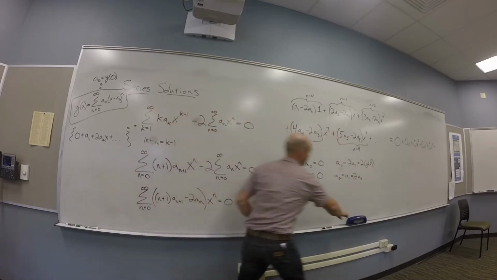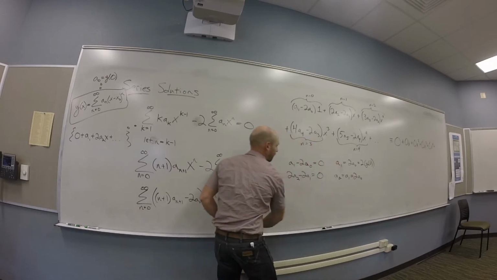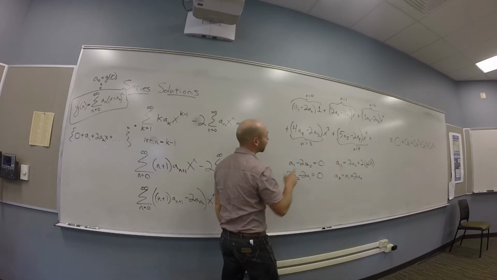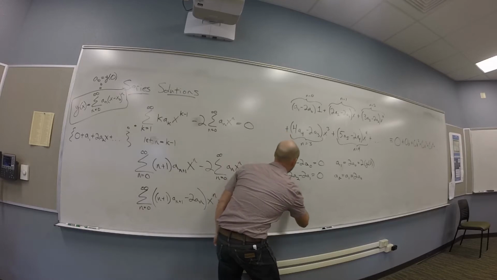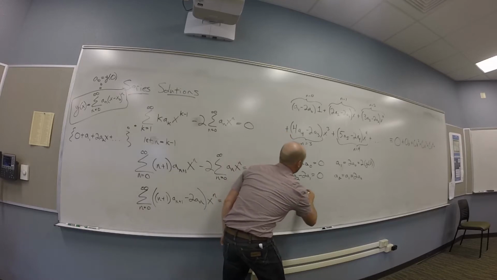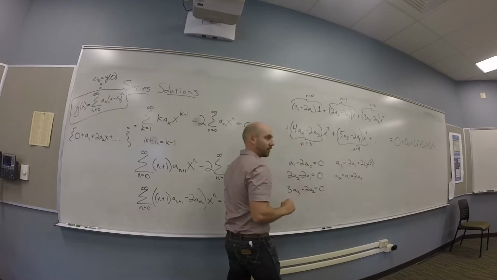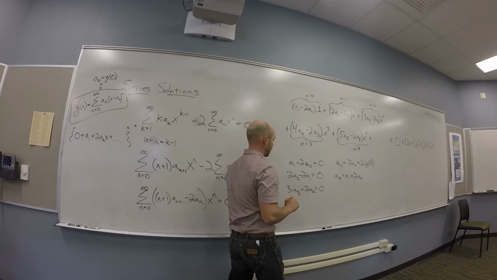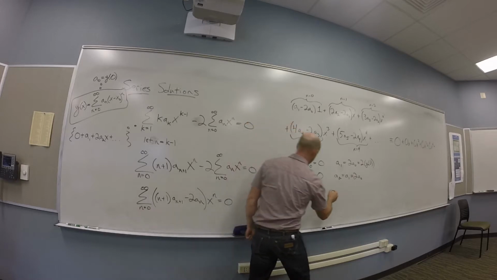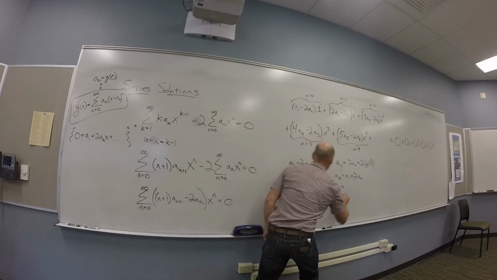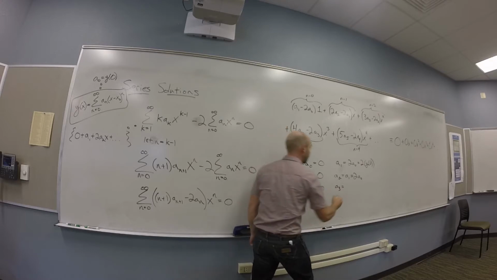And then you go to the next one. Right? And the next one says, okay, so 3a3 minus 2a2 is 0. So that would tell you a3 is 2/3 a2, right?